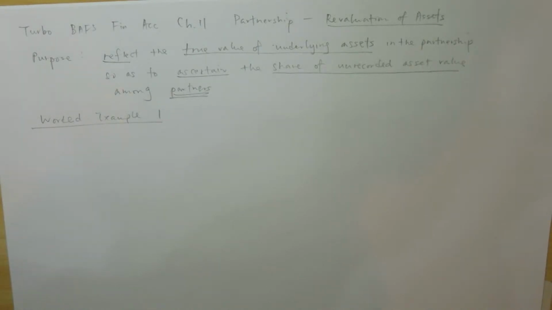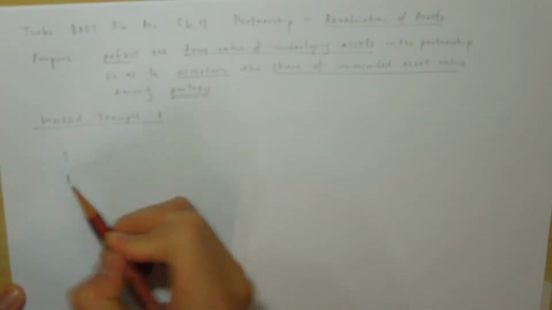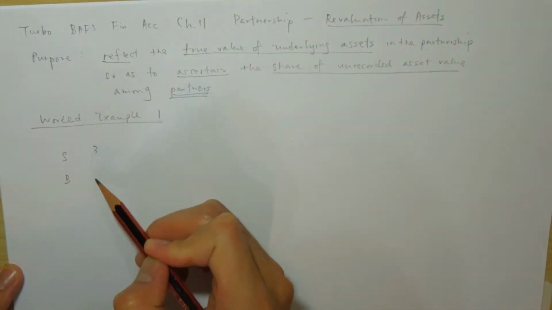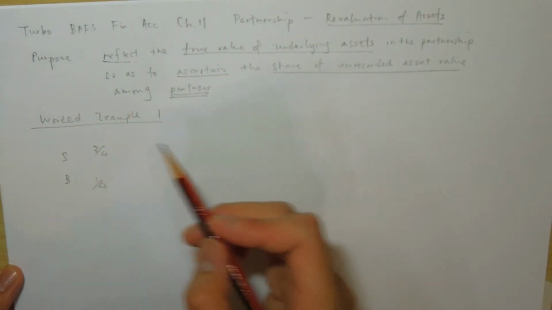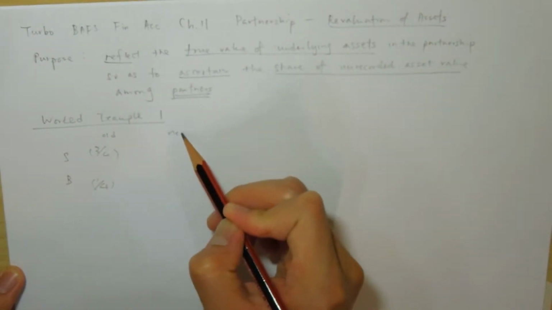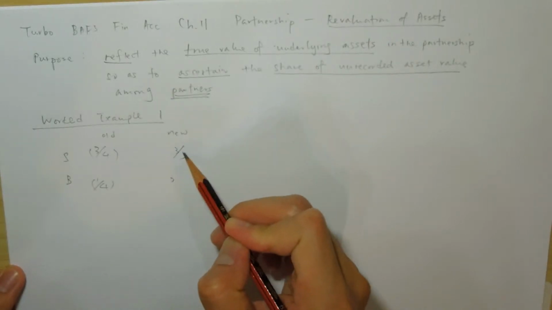We have two persons, Susan and Polly, and they are sharing the profit 3 to 1, and they change from the old one to the new one. The new one is 3 to 2.